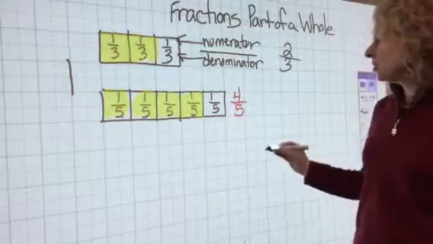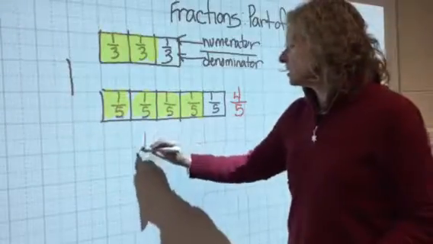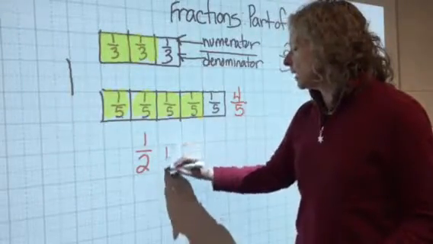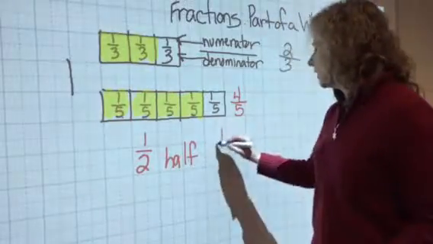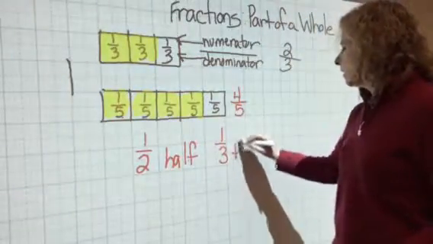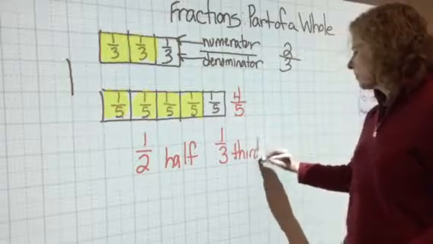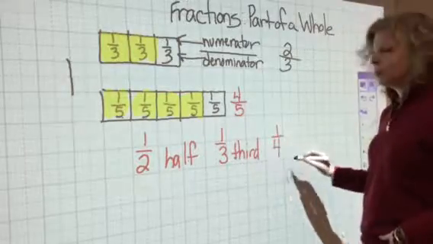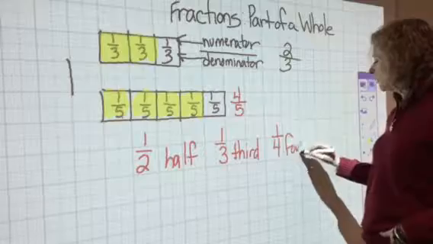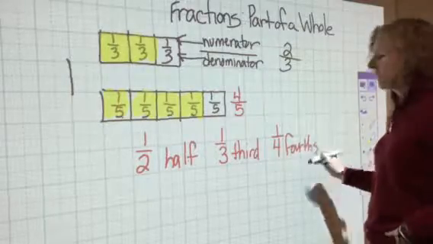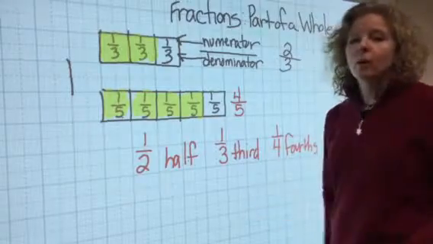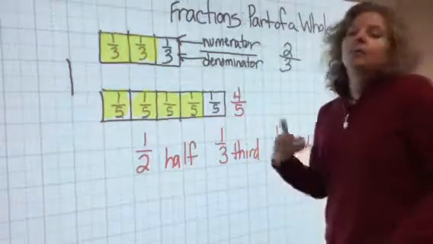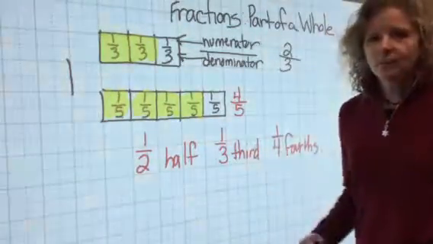I do want to remind you, if there is the denominator of 2 on the bottom, we say that as half. If there's a denominator of 3, 1/3, 4, it's 4ths. Except for this one, it sounds like when you come in a race. Oh, I came in 3rd, I came in 4th, I came in 5th, I came in 6th.